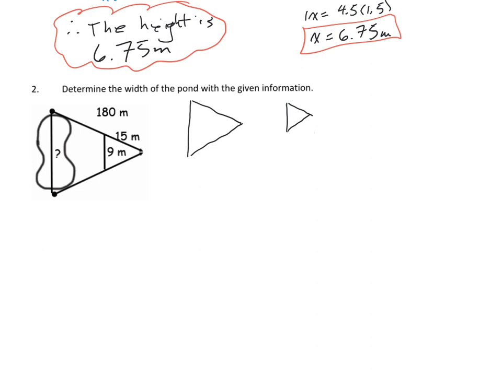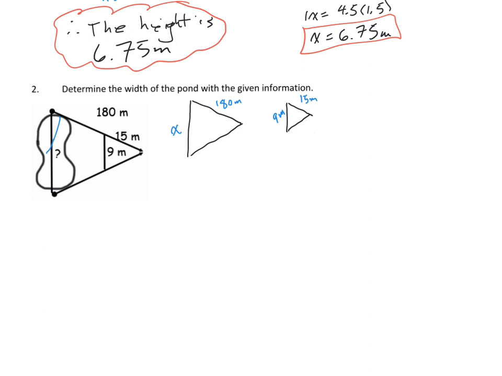Once we've got that, we need to isolate and put all the sides on the triangles. The first triangle has 180 meters here. We don't know this side of the triangle. And we know that one side of the smaller triangle is 15 meters, and the other side is 9 meters.